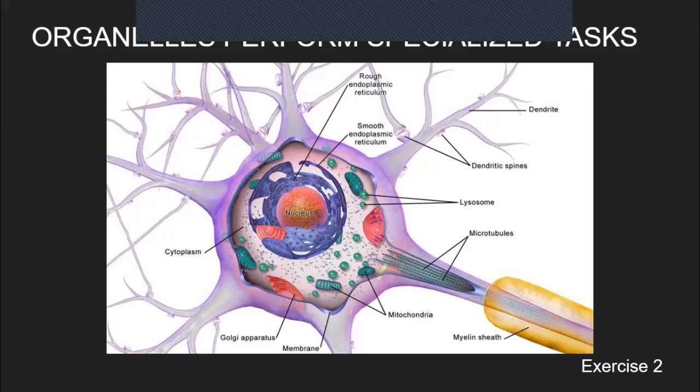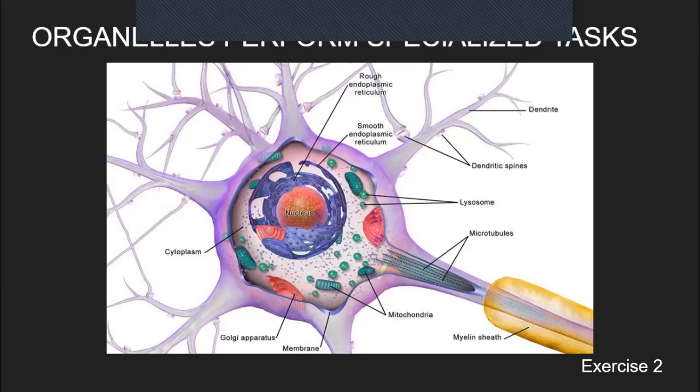Then we have some rough and smooth endoplasmic reticulum all around our nucleus. This can be attached to the nucleus essentially, and you'll see squiggly lines coming off the nucleus, or it can be floating around within the cytoplasm of the cell because it's going to be taking the proteins or lipids that it has made somewhere within the cell.